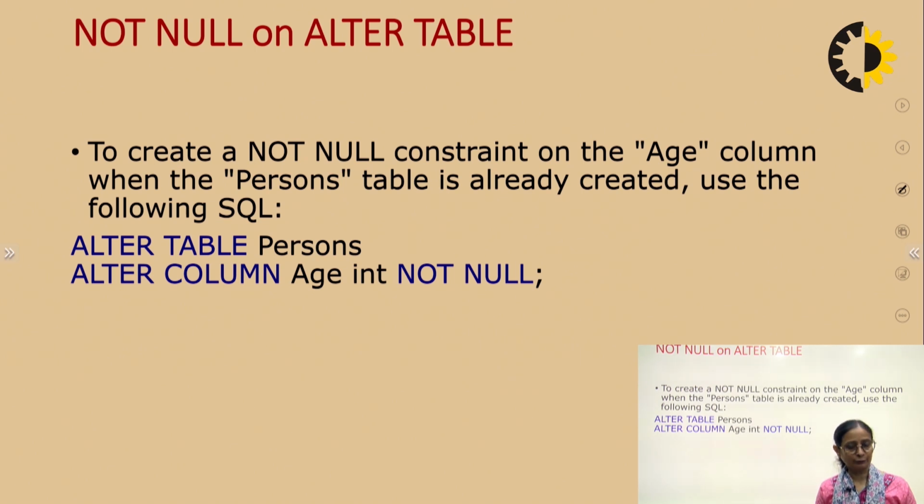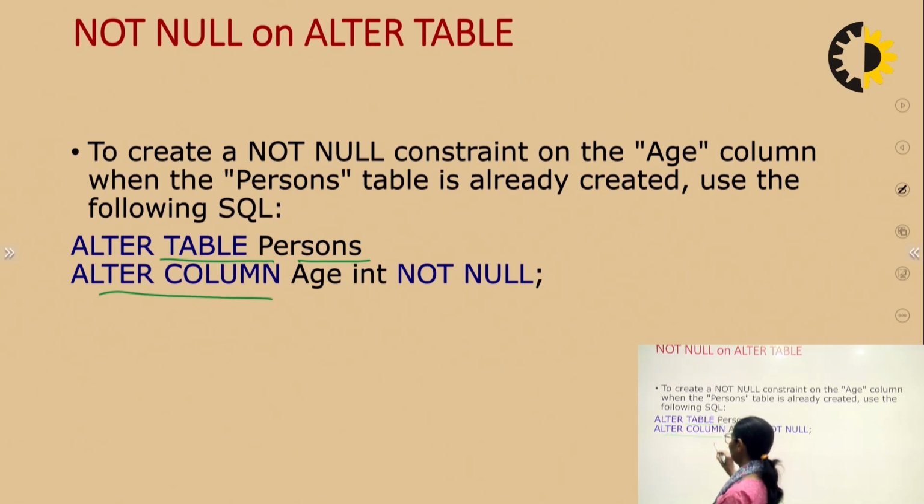But what if you want to provide this constraint after creating a table? Then you need to use the alter table statement. So how will you use it? Alter table, table name, then we are altering the column. So alter column, which column? Age, its data type, and then the constraint.